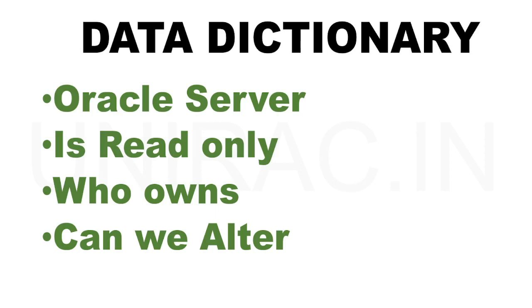The server process will update any changes, but not the end user or any other normal user. These tables are owned by the sys user because they come built in with the database, and sys is the default admin user for the database.